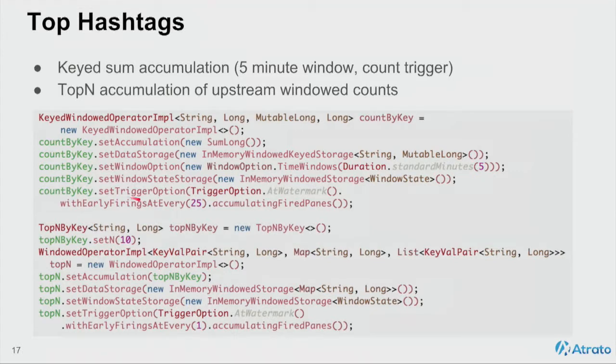The trigger is set to trigger at the watermark, which really is not part of this demo here. But what will bring us the updates is the count-based firing. So whenever there's an update, the result panes will be emitted to the next operator. So after 25 updates, the updated value is emitted downstream. Downstream is a top N window. So why does it need to be a window? It needs to be a window because there needs to be some accumulation happening.